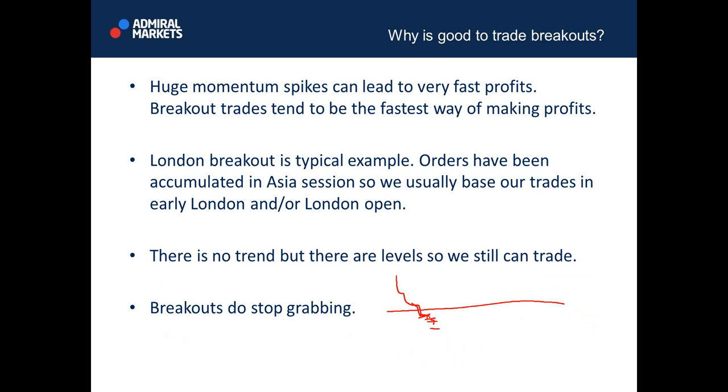So once those orders are collected, the price immediately starts to accelerate in that direction. Now, if we have many orders below the support, that will only accelerate the price to the next support. That is good for breakout trades, because that can give us fast 5, 10, 20 pips of profit.